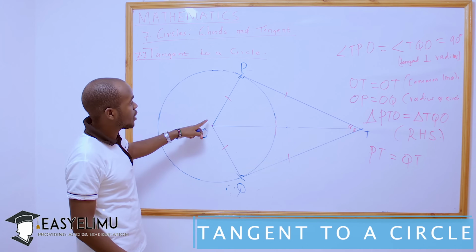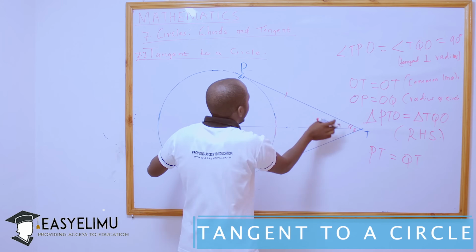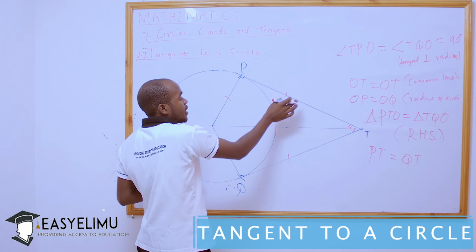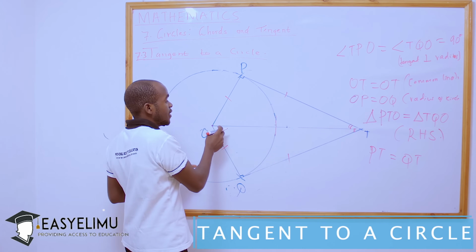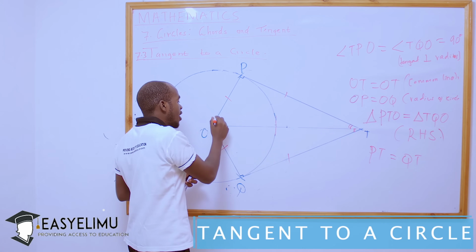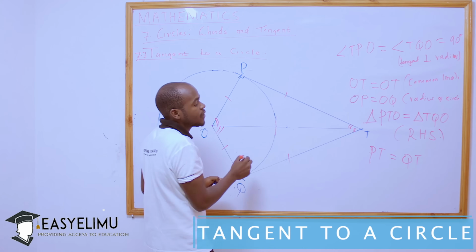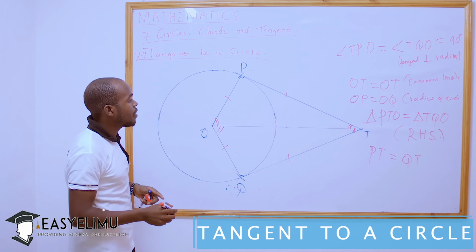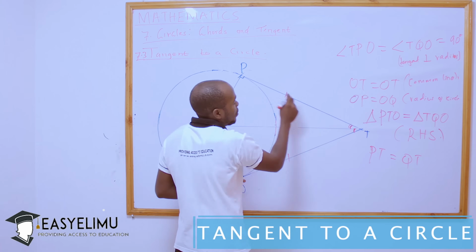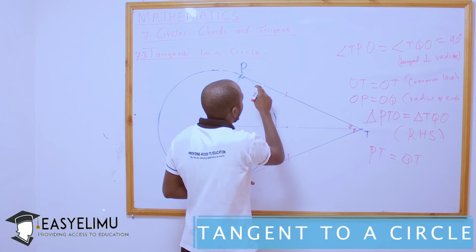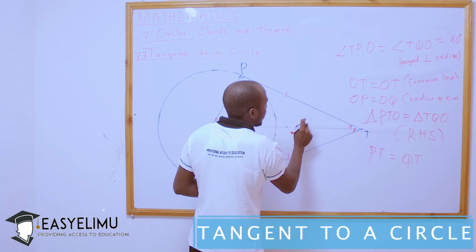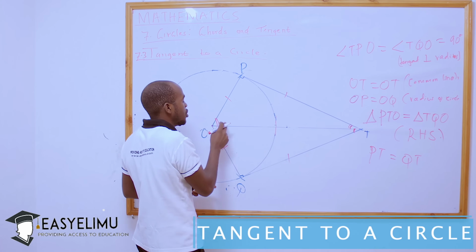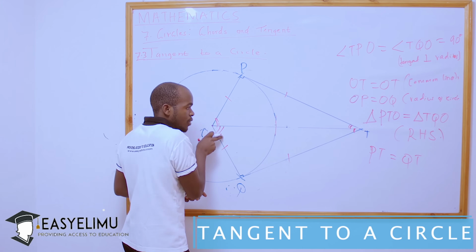We can show that since this is a right angle triangle with two equal sides, this angle will be equal to that one, and what remains will be 90 minus that angle. The same applies to this one.